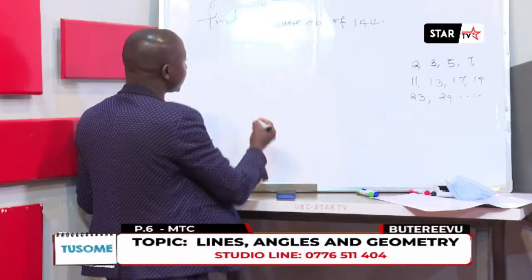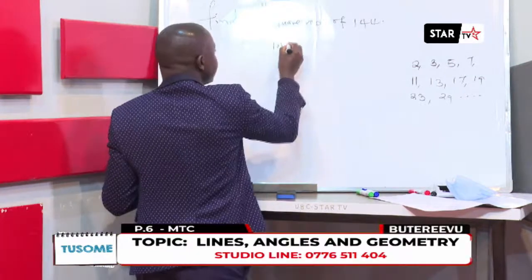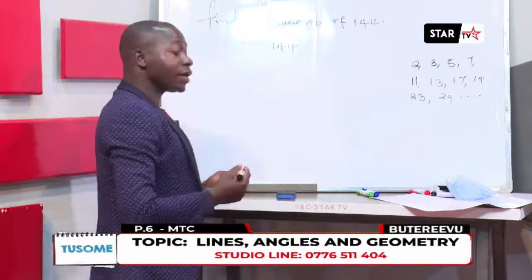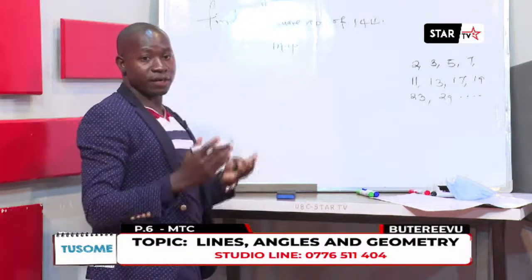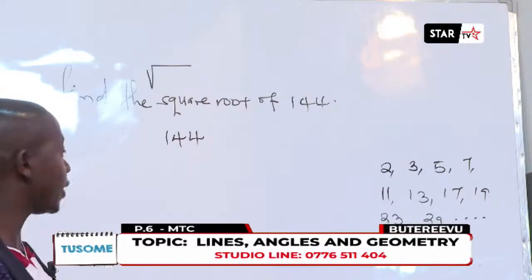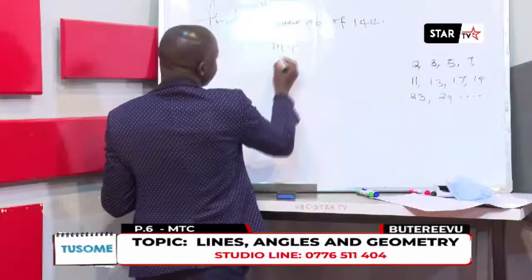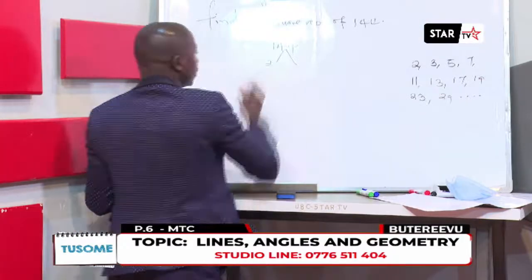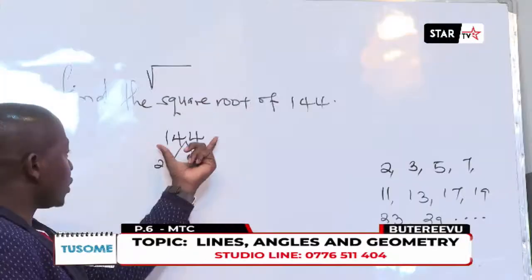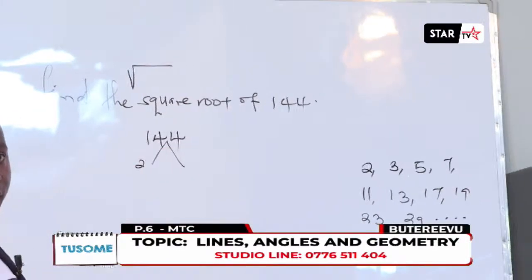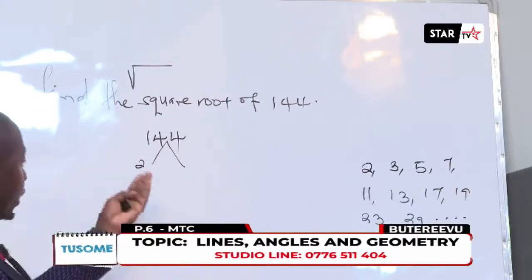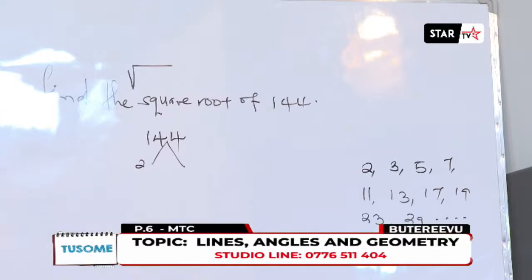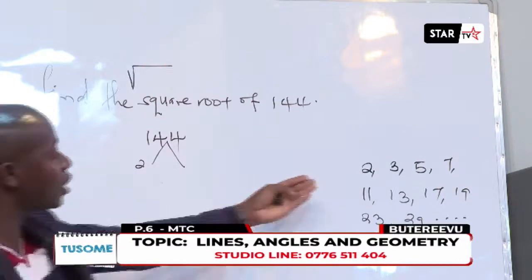How do we prime factorize? For example, we have 144. We can use a factor tree or a ladder. For this case, let's choose a factor tree. Since 144 is an even number, we can start dividing it by 2, since 2 is a prime number.